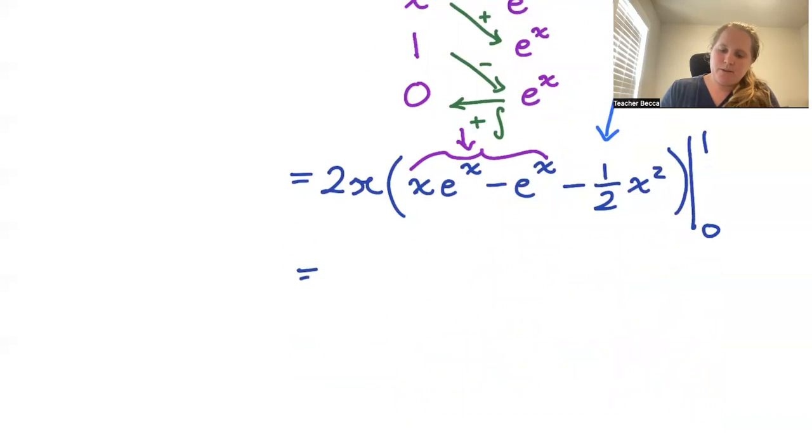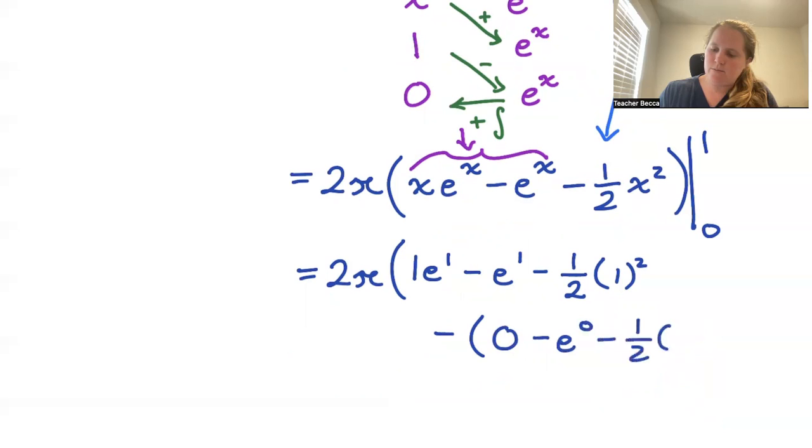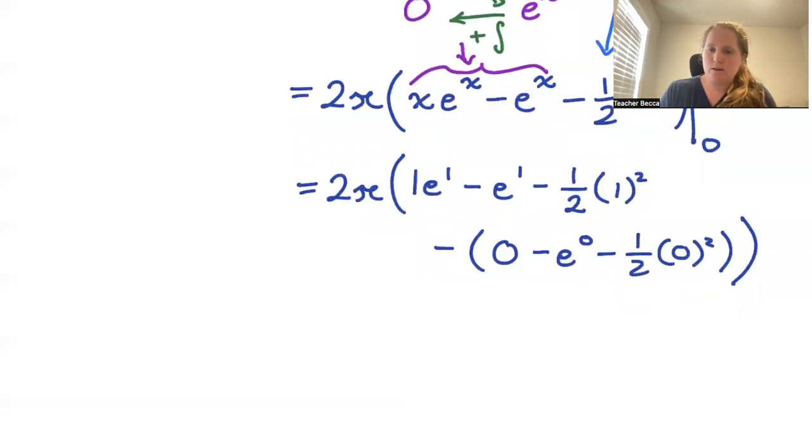So this becomes 2 pi times, we have 1 times e to the 1 minus e to the 1 minus 1/2 times 1 squared. And then we are subtracting off 0 minus e to the 0th minus 1/2 times 0 squared. Again, that 2 pi is multiplying everything.